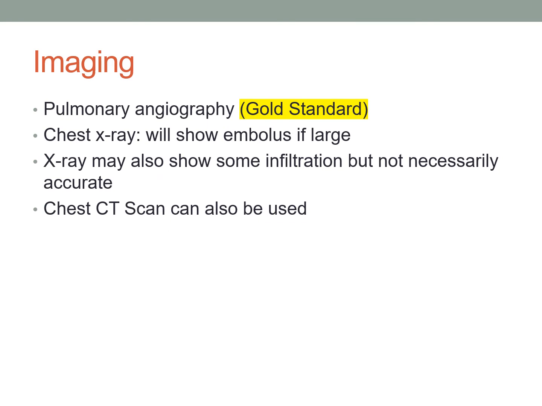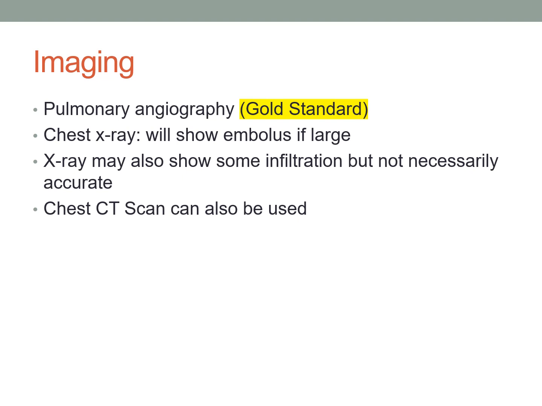But the main gold standard of your imaging is the pulmonary angiography. Okay, this is the gold standard. This is what hospitals should be using. The main imaging test for a suspected PE is a pulmonary angiography. Okay, X-ray will show an embolus only if it's large enough. You may have a small one.